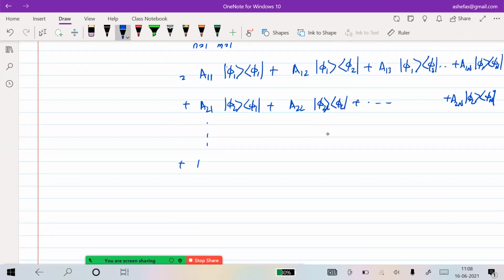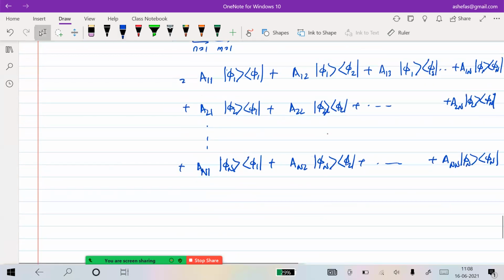Then finally the last line, that would be An1 the outer product phi n phi 1, An2 the outer product phi n phi 2, and last element would be Ann the outer product phi n phi n.